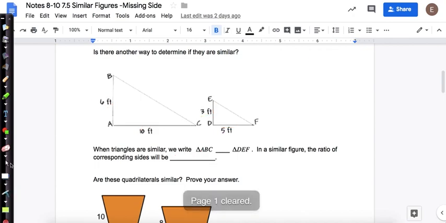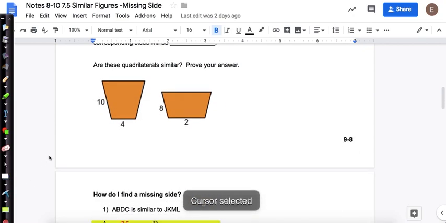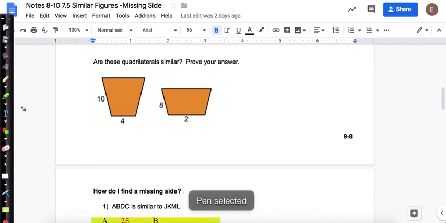Now, look at the bottom. Are these quadrilaterals similar? Prove your answer. So let's just do, for this one, I'm going to put first over second figure. So this is the first side over the second side, so 10/8.